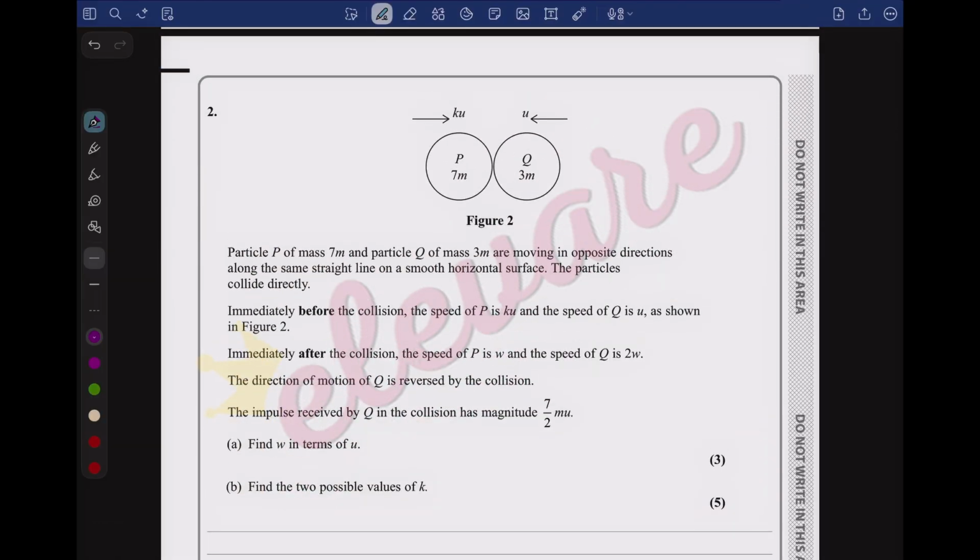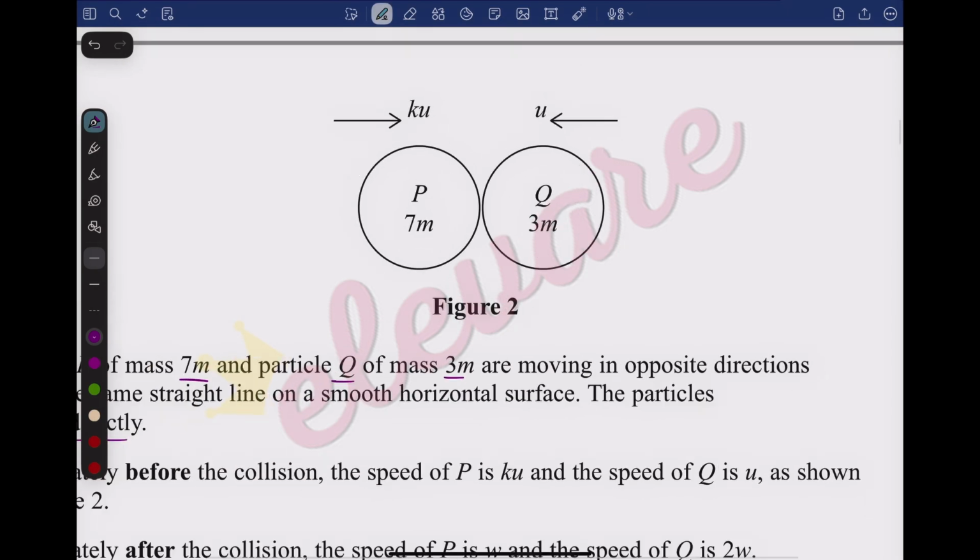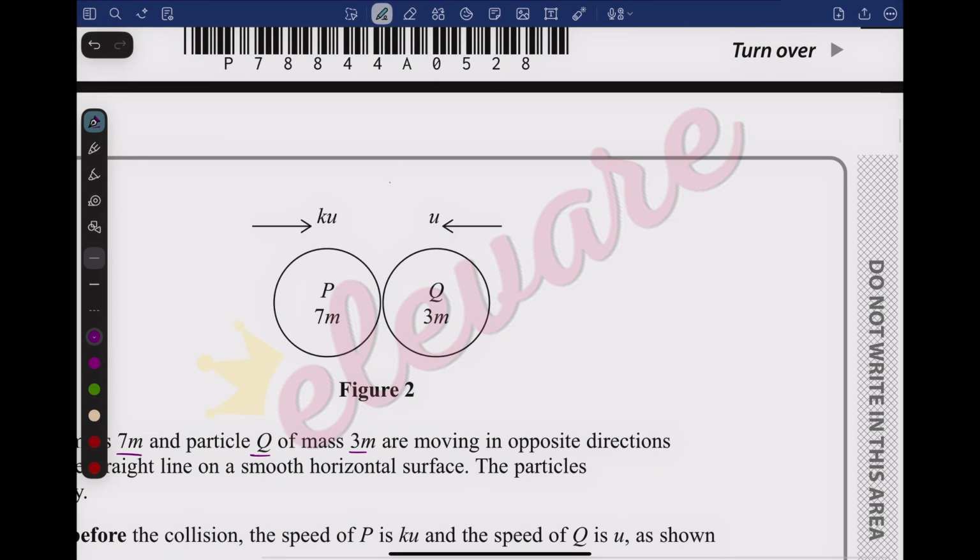Okay, particle P of mass 7m and particle Q of mass 3m are moving in opposite directions along the same straight line on a smooth horizontal surface. The particles collide directly. Okay, they've already drawn the diagram for us. This is the diagram before the collision, and it's not required for the examiners when they're checking, but more like you need it, okay?